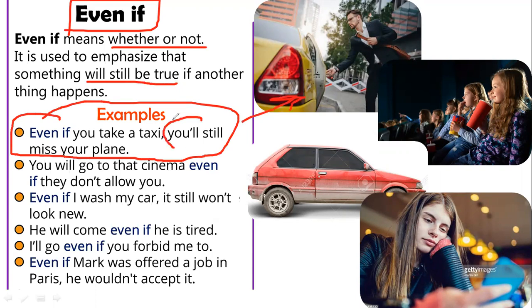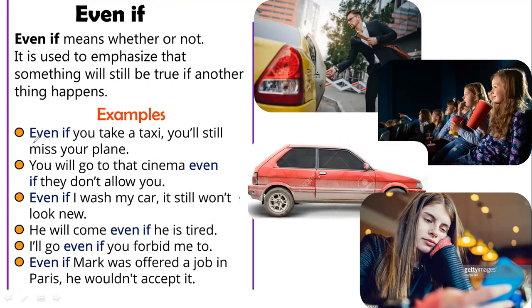Future. And this means that if you take a taxi or you don't, if you go walking or you run, it doesn't matter the situation. The result will be the same. You'll still miss the plane.